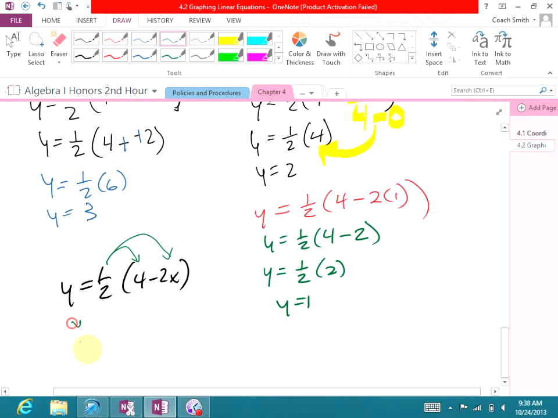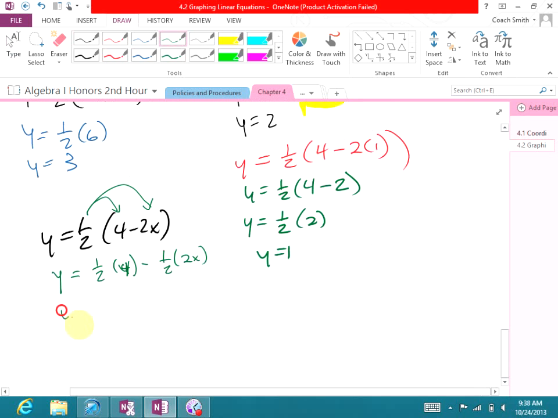If you take that, you have 1/2 times 4 minus 1/2 times 2x. When you do that, that gives you y is equal to 2 minus 1x. That's acceptable. You can do that.